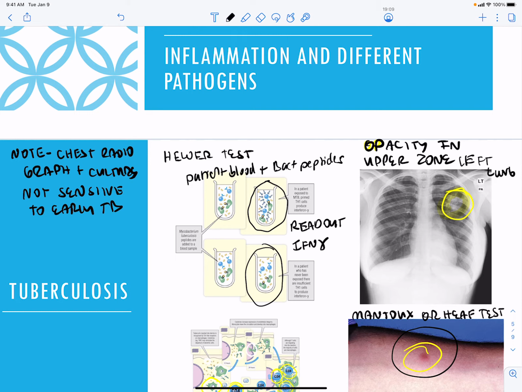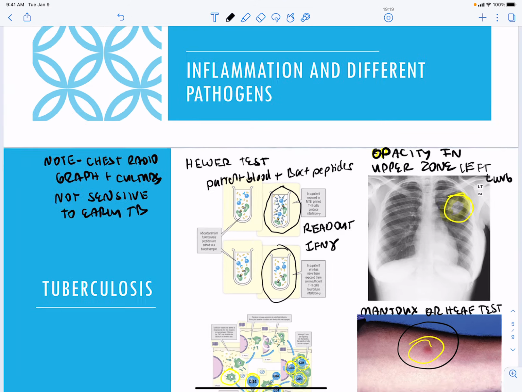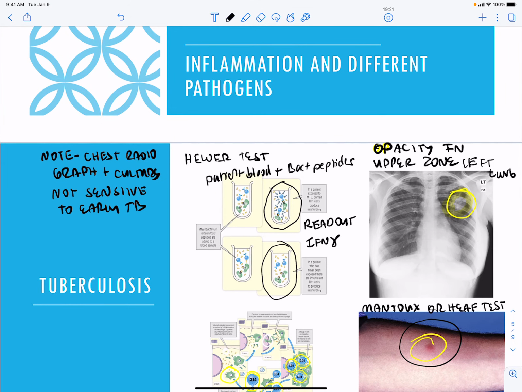And so you must rely on immune tests for this. One thing you cannot measure is antibodies.